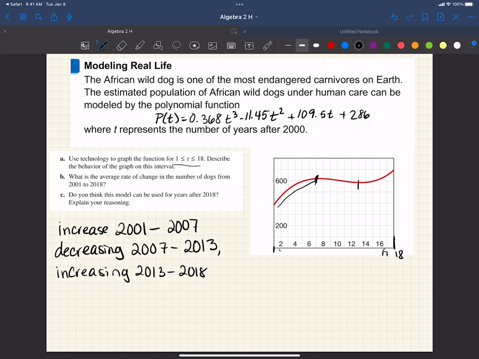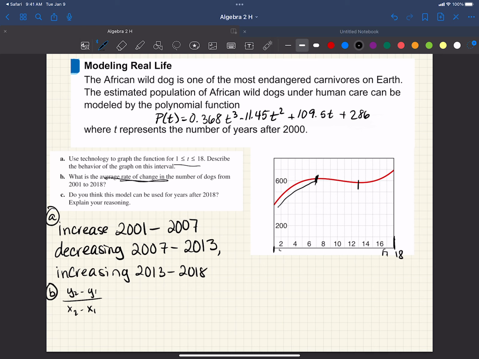Now, part B says, what is the average rate of change in the number of dogs from 2001 to 2018? Average rate of change, that's our slope, right? That's y2 minus y1 over x2 minus x1. On the graphing calculator, you will easily be able to find the values that you need.